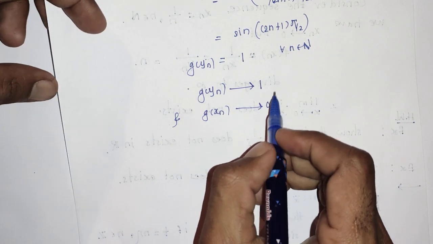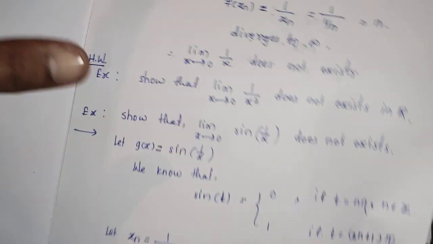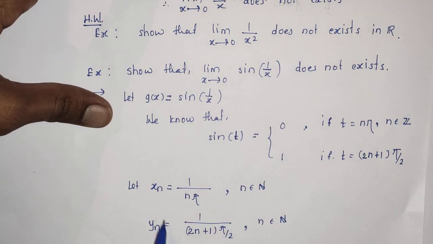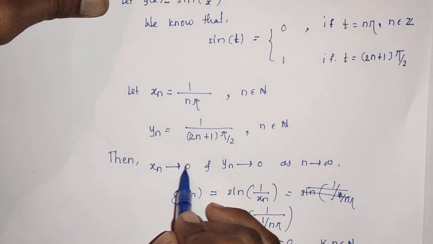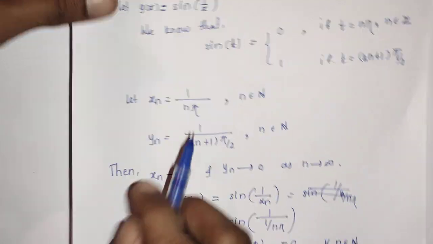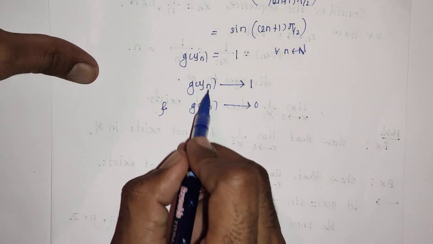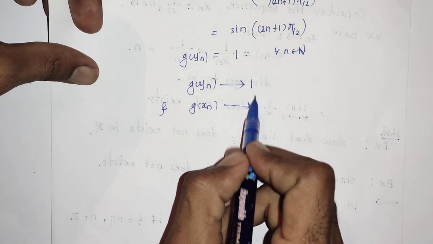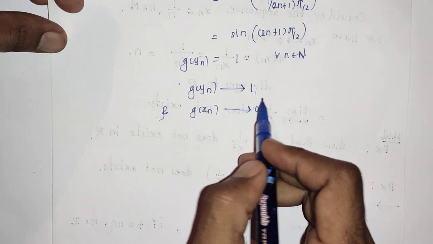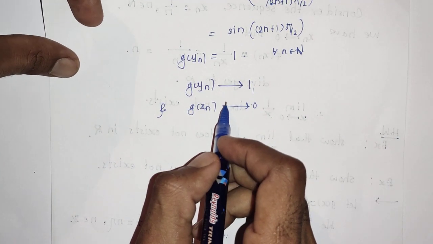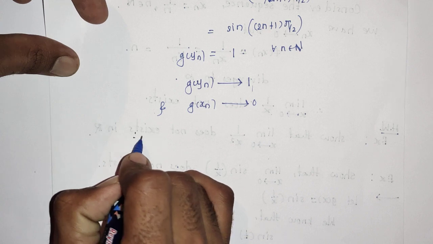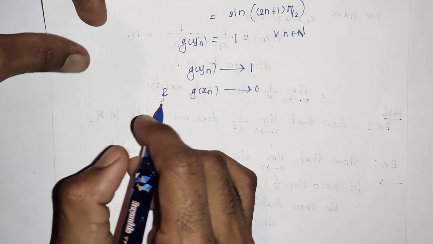So there are two sequences xn and yn which converge to the same limit in the domain, but their images, g of xn and g of yn, converge to different limits in the codomain. So the limit of the given function does not exist by using the divergence criteria.